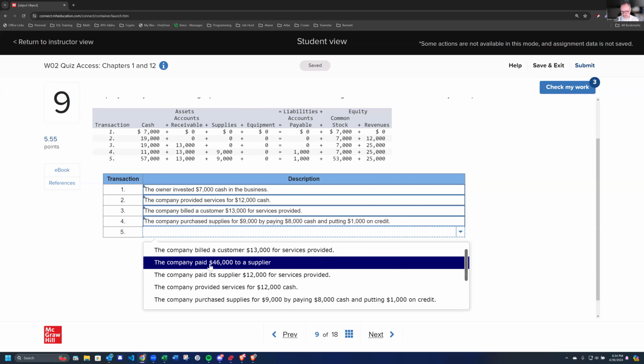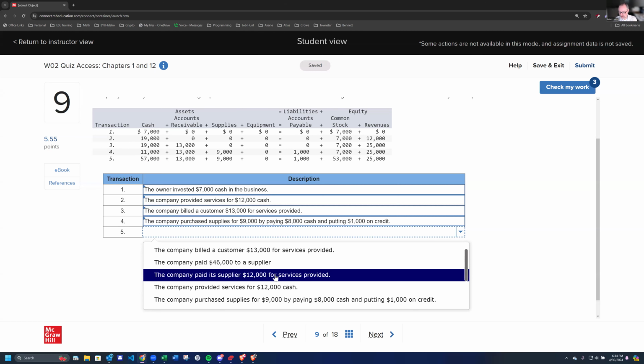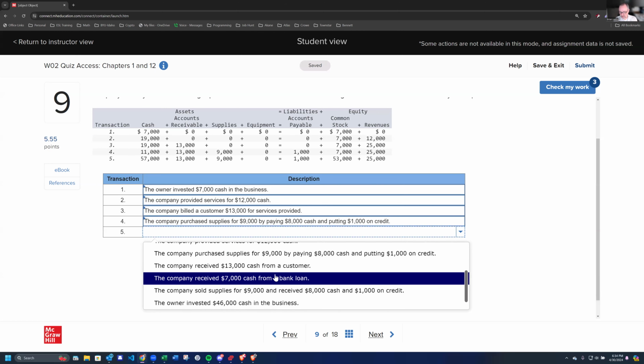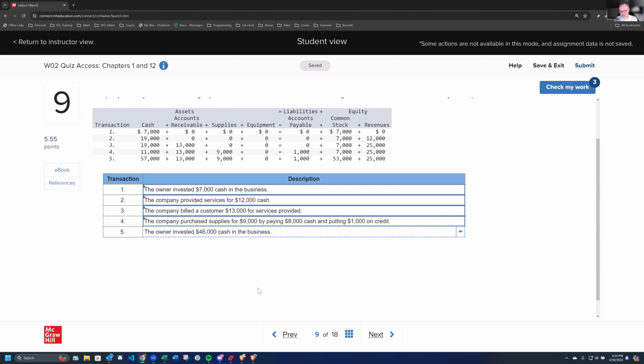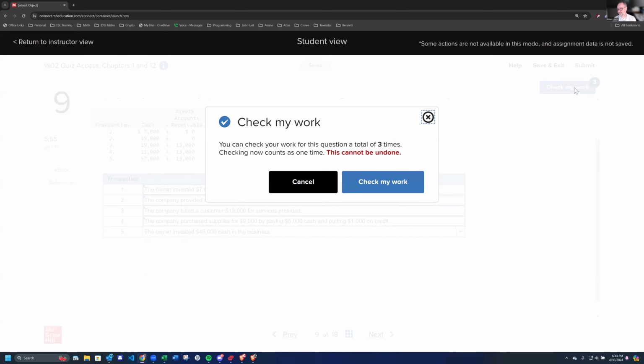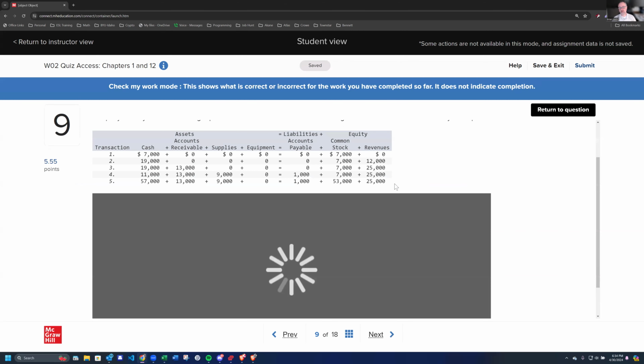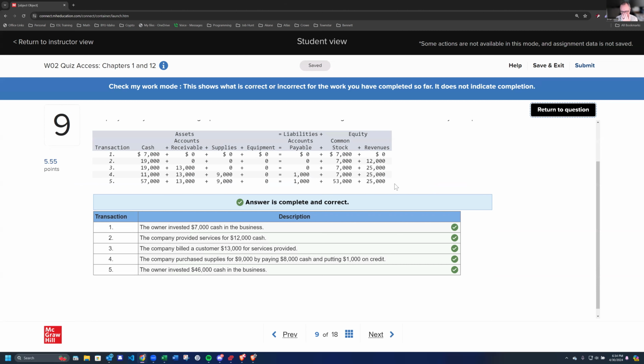And it's an expense, it's cash going out, not cash coming in. So let's find a $46,000. There we go. The owner invested $46,000 cash in the business. Okay, let's check this work. All right, all done. That's 9.